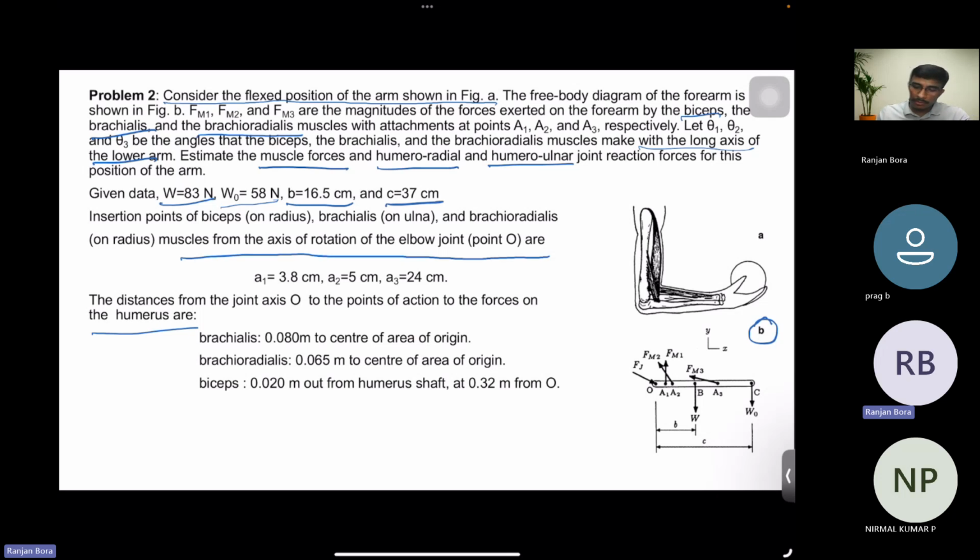So now first you tell me how many unknowns we need to find out. How many unknowns are there in this problem?